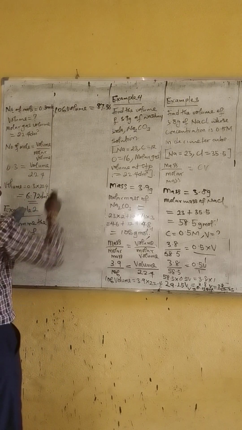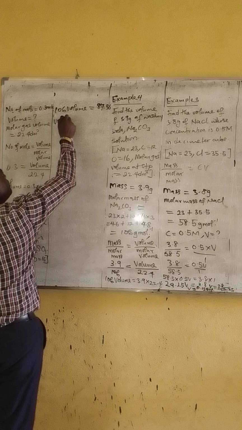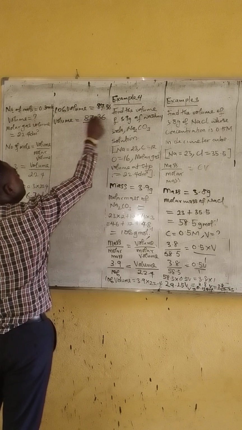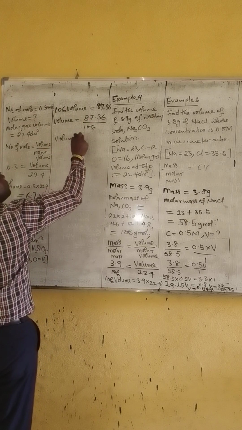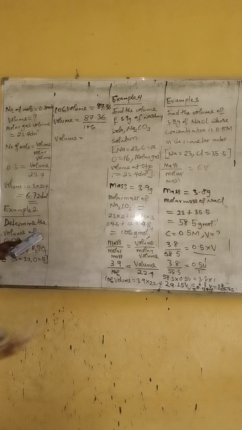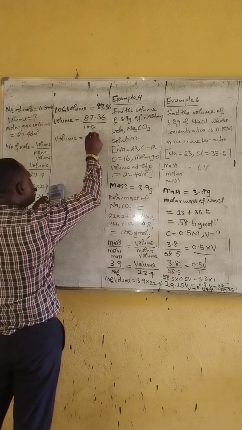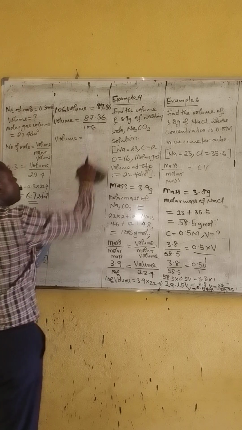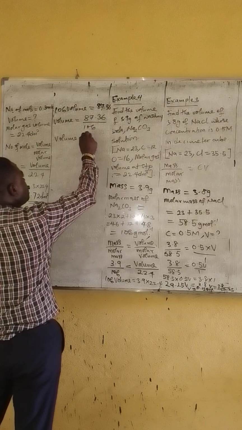So divide both sides by 106. Volume will now be 87.36 divided by 106. Answer is 0.824.